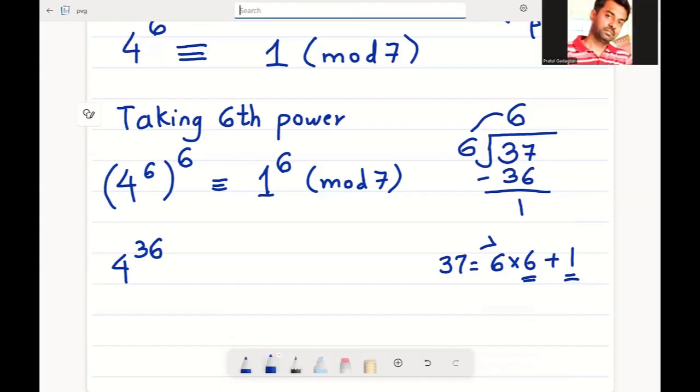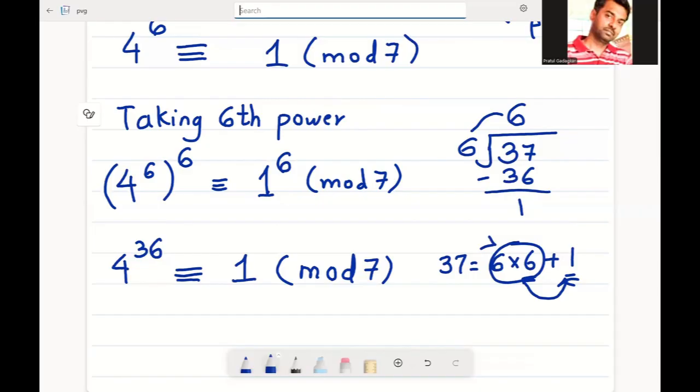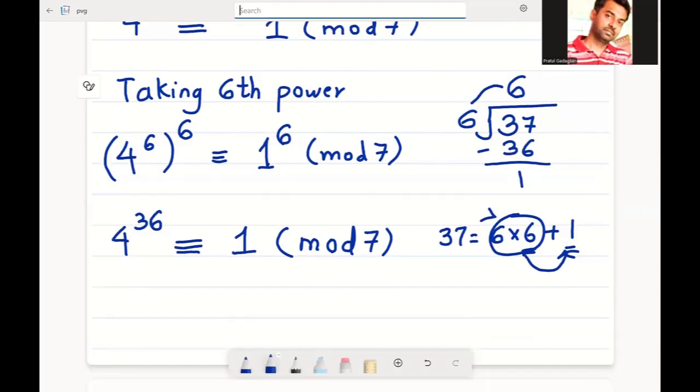So we are close to 37 now. And how many powers are remaining? Only one power is remaining, right? 1 raised to 6 is 1 itself, so that will not change. And now I'm just one power less, so I will multiply both sides by 4. Now we can multiply, no need to take a power of anything.